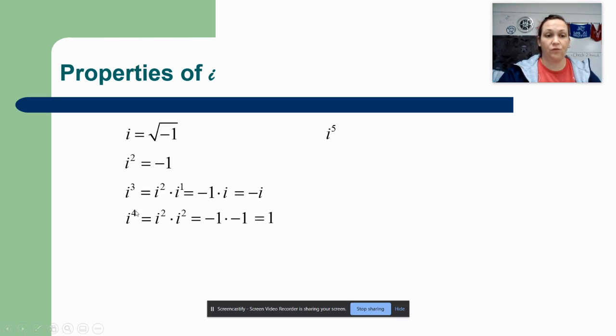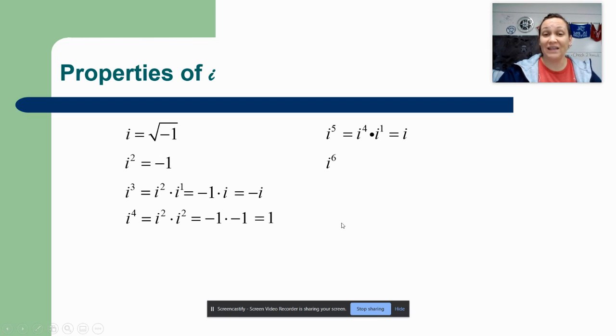Because 4 plus 1 is 5, right? So we can change it to i to the fourth times i to the first, which is essentially just 1 times i, and we get i. i to the fifth is the same as just regular old i.